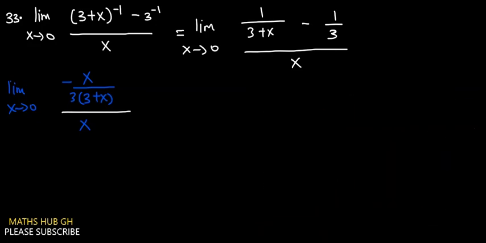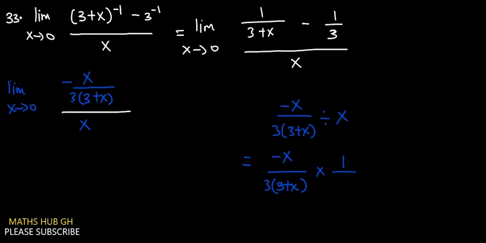So dividing this by x will give us −x divided by 3 multiplying (3 + x), times 1 over x. You will see that this and this will cancel out, and at the end you're just going to have −1 over 3(3 + x).